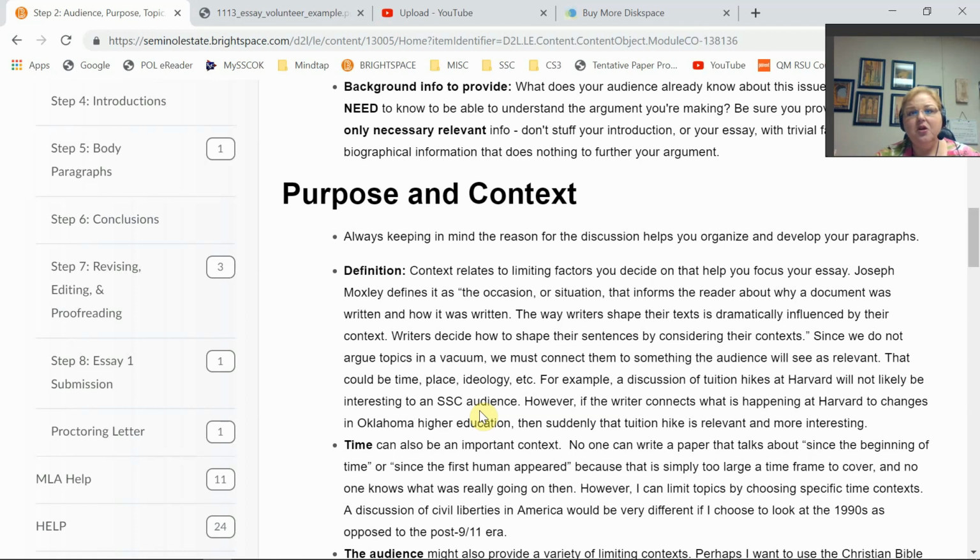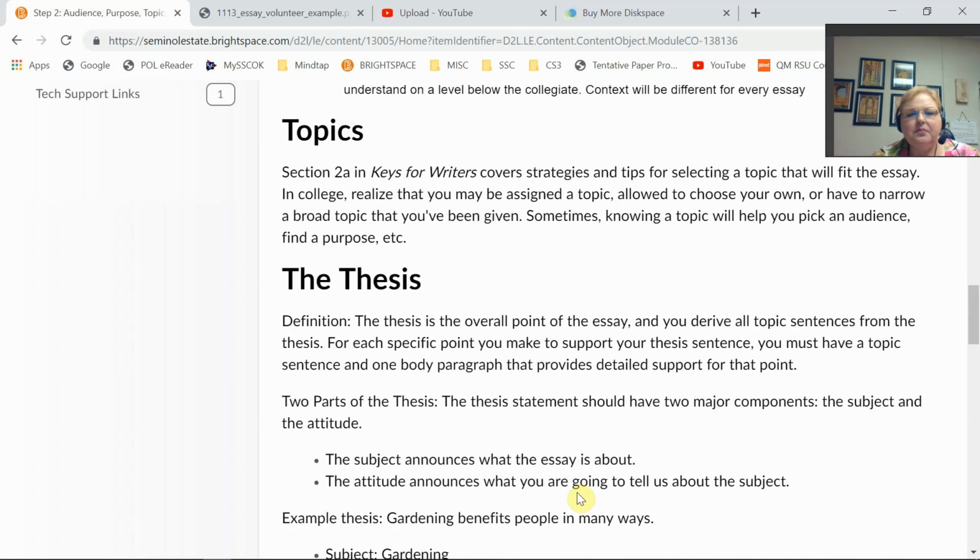Sometimes it's given to you, but sometimes it can help you narrow down your scope because again, you only have a certain amount of time. And contexts are things that allow us to start limiting the topics and ideas so that we can handle them sufficiently in whatever amount of space we're given, right? And again, section 2A in your Keys for Writers gives you some tips for finding topics.